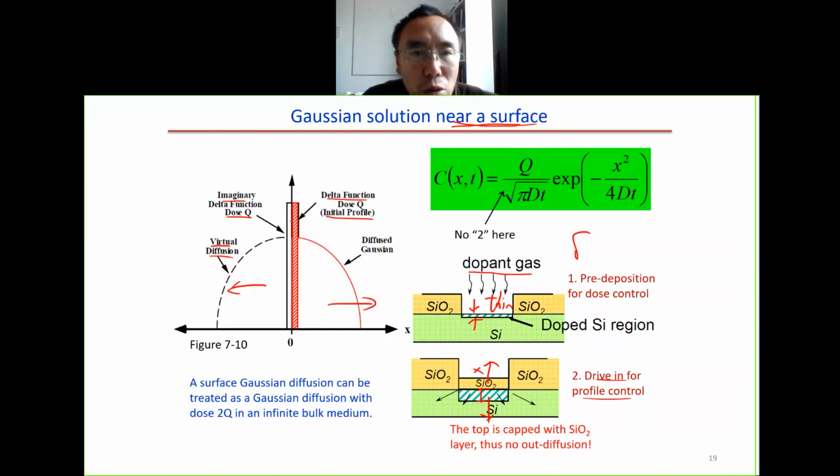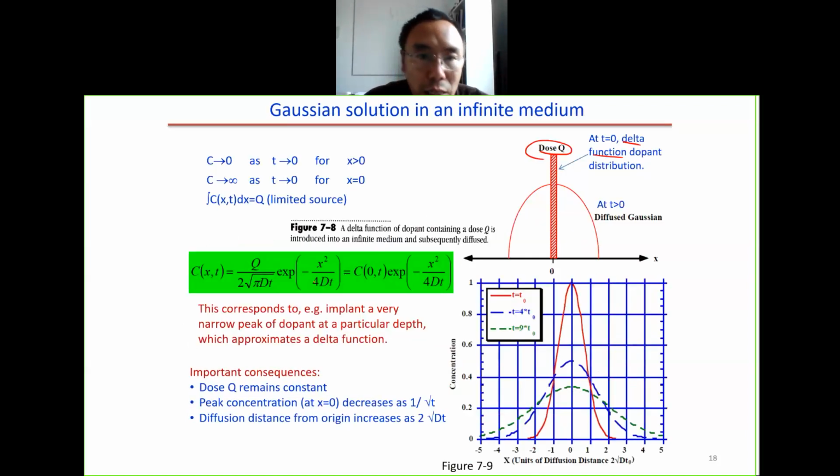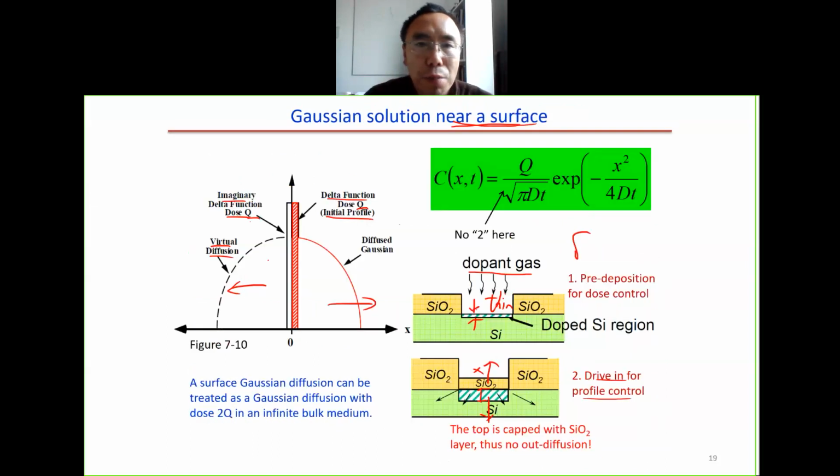Then the total dose will be a dose here and another dose here, so the profile will become like this. This profile is the same as the earlier one, except for the factor of 2: here we have 2Q instead of 1Q. So this is the solution for this case.